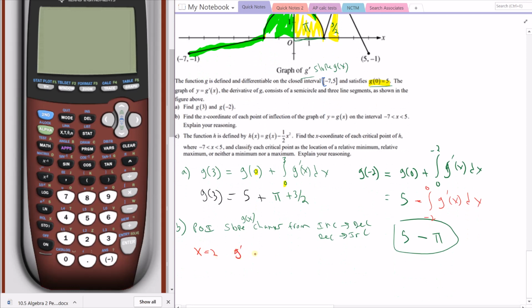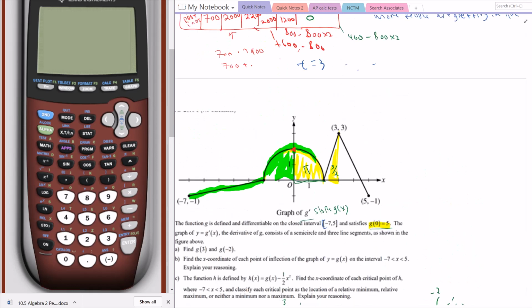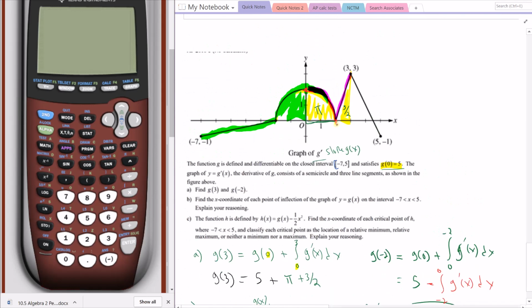G prime changed from increasing to decreasing. Any other ones? Let's keep going. Decreasing, decreasing, decreasing, then increasing, increasing, increasing. So notice how it changed again, right there.